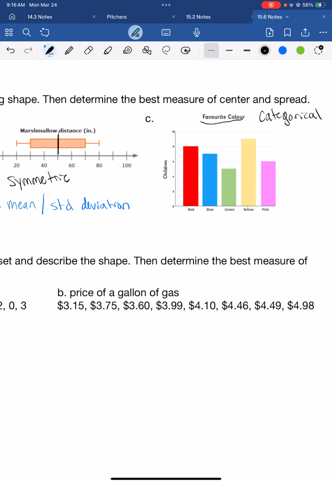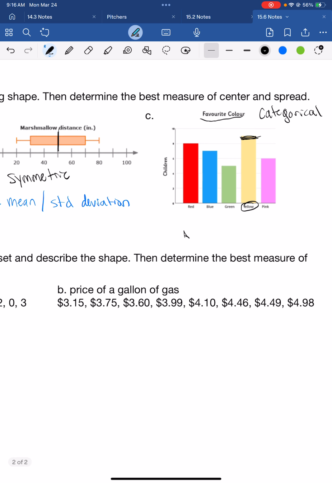We're just worried about which one has the most frequency. In this case, yellow has the highest, right? Yellow would be our mode, and so in this case, mode would be best. Whenever we're dealing with categorical data, we're going to use mode.